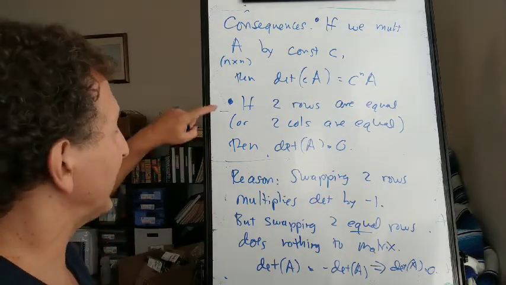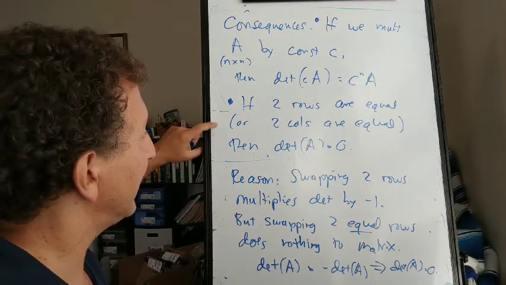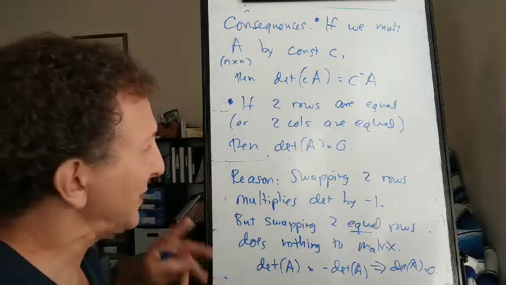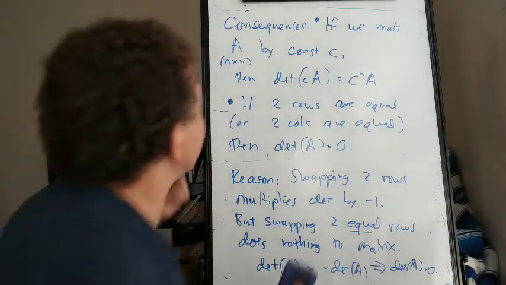Now another consequence, which is very similar, is that if one row is a multiple of another row, then the determinant is 0. So they don't have to be exactly equal. If one is a multiple of another, we know the determinant is 0.